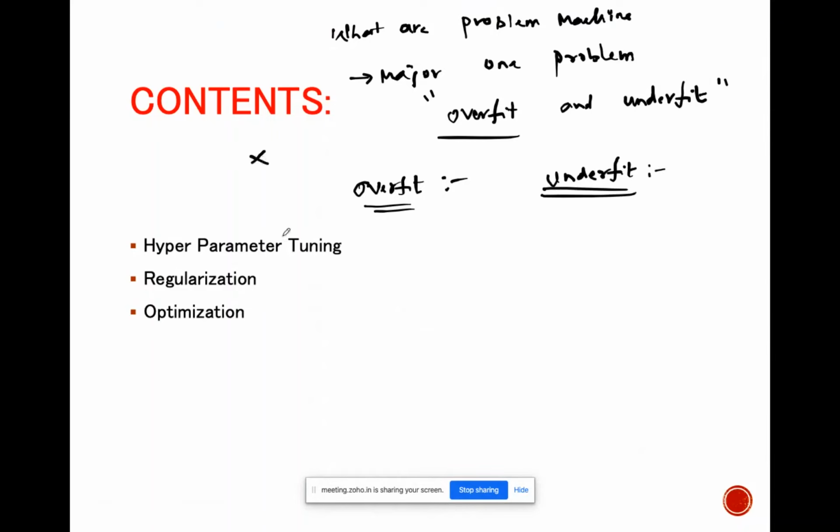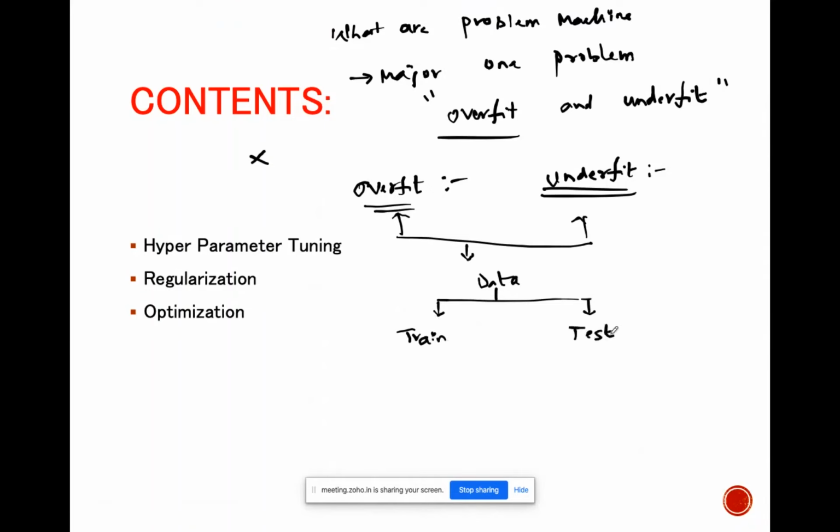So there are two concepts that make problems for the computer science community: overfit and underfit. Generally, when you take the data, we split the data into two parts, right? What are the two parts? Test and train.